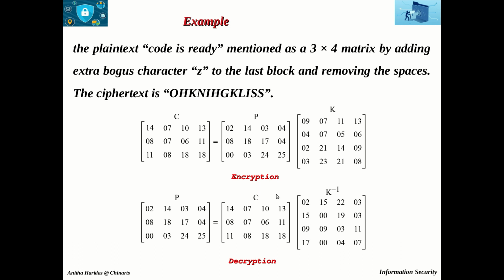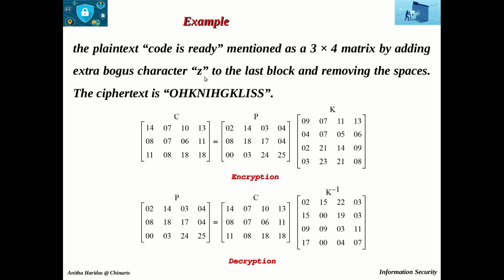So whenever you have a plain text which is to be encrypted using the Hill cipher, the first step is to decide what the block size is. Once the block size is decided, create a square matrix of the block size M. Then divide the plain text into n number of blocks, each of size M. If any block does not have the size M, you can add an extra bogus character Z or X, whatever it is.